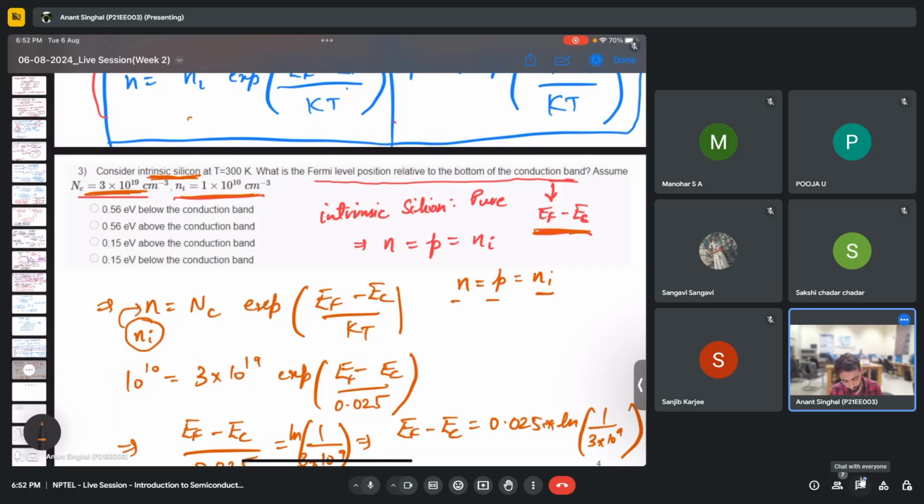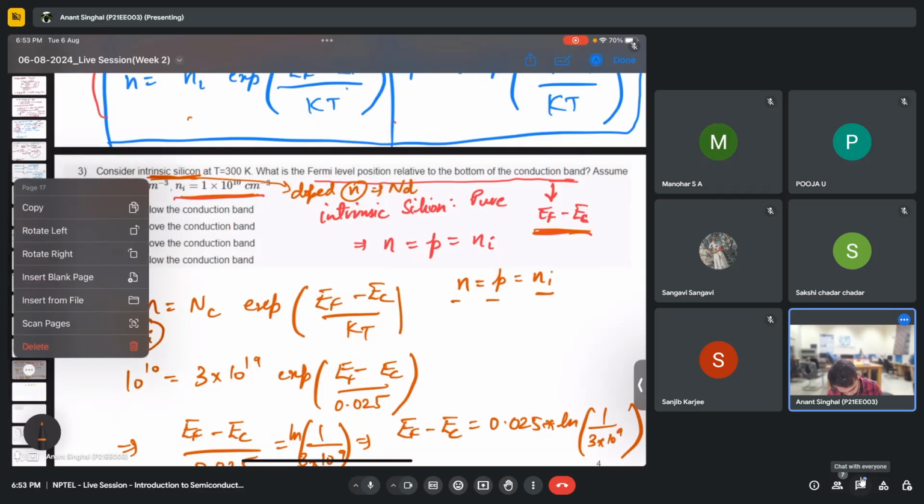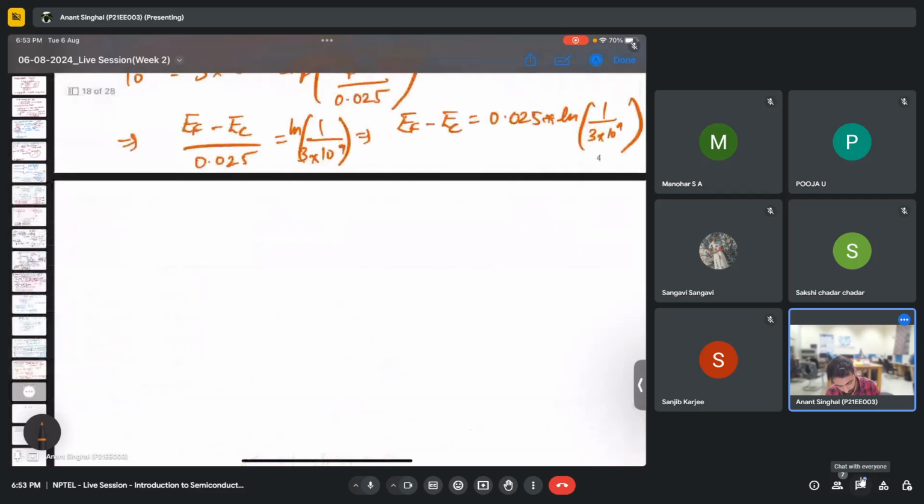If this would have been a doped semiconductor, let's say P type or N type, I would have written Nd. Okay, so give me a blank page. So for intrinsic, N is equal to P is equal to Ni, and for extrinsic, we now have two types.